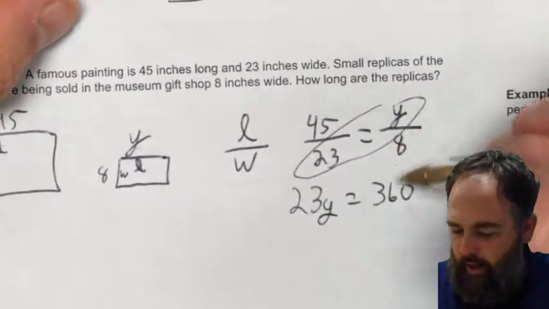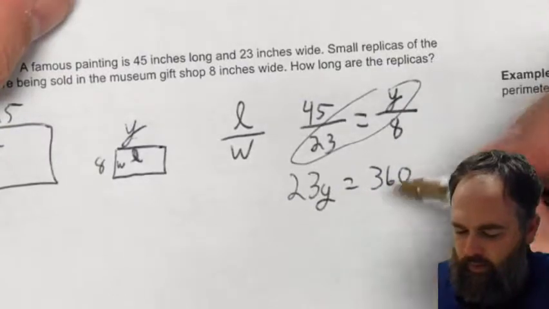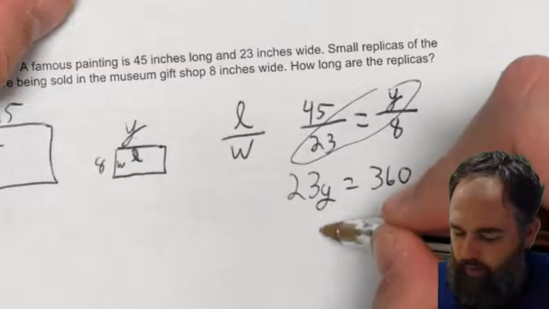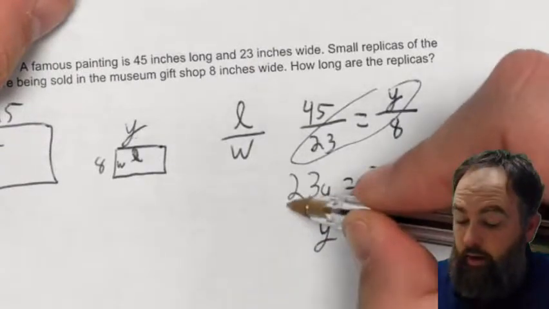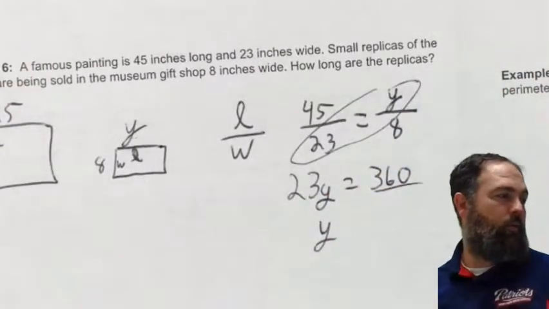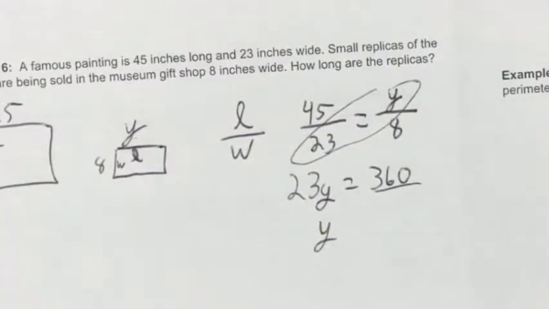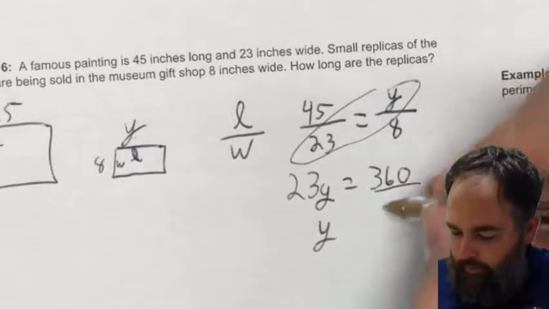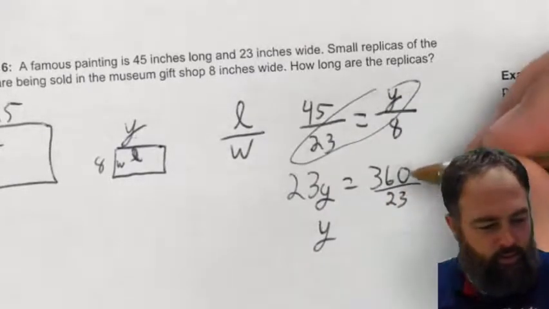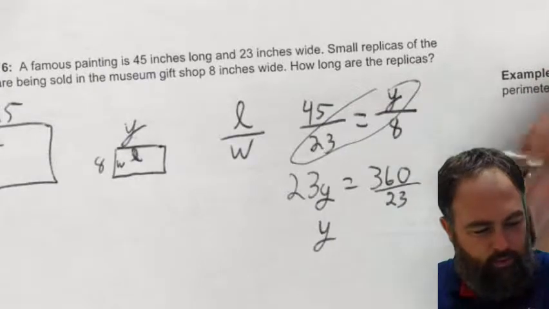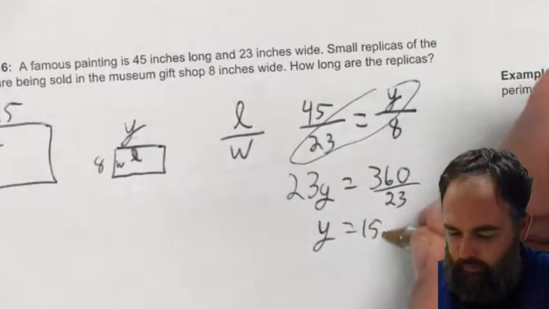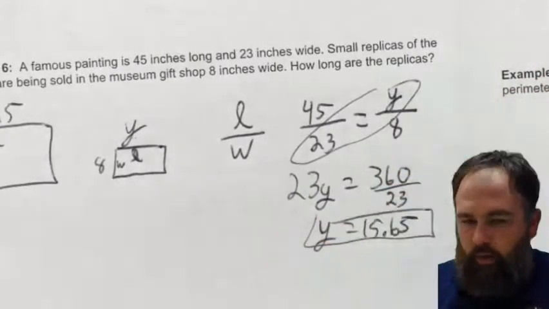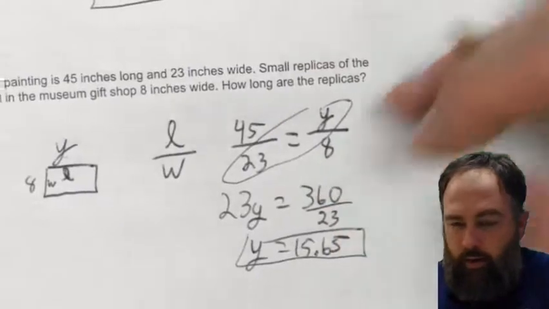Now, let's divide both sides by 23, and 360 divided by 23 is going to come out to 15.65.